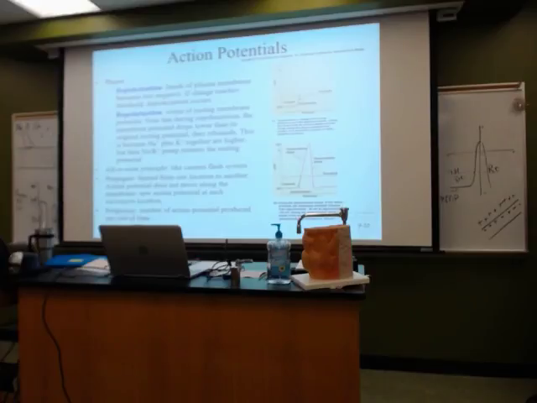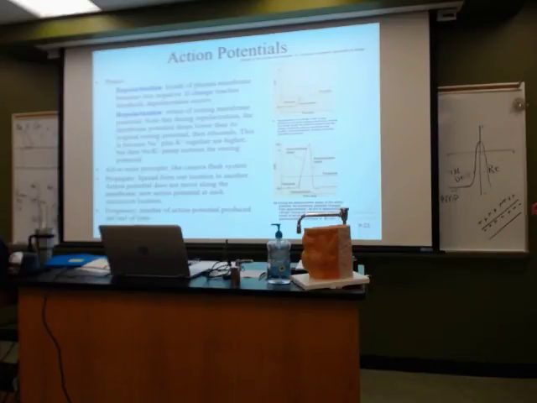And if enough of those ions begin to move, and if we get to the right number, usually about -30, -35, okay? If we get to that number in the polarization, the muscle is going to contract no matter what. There is nothing you can do to stop that muscle contraction. So it's called an all or none principle.